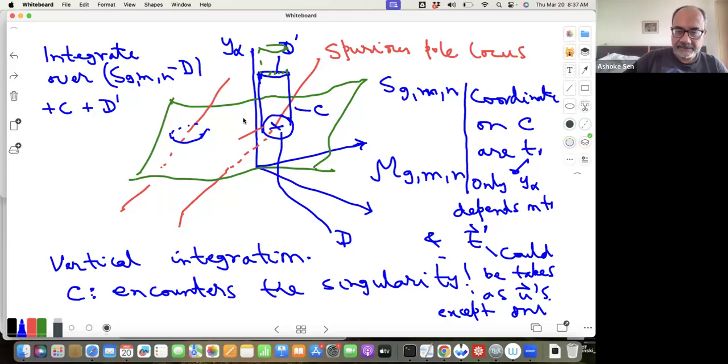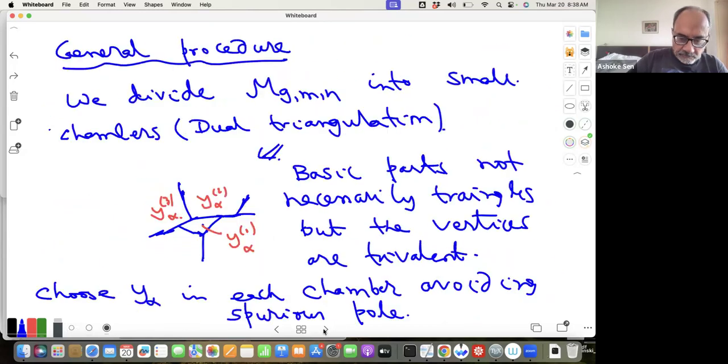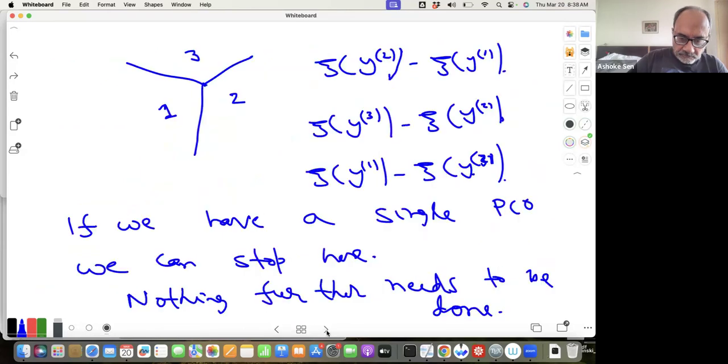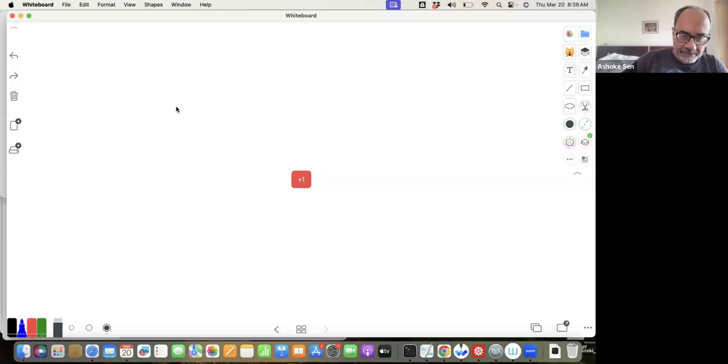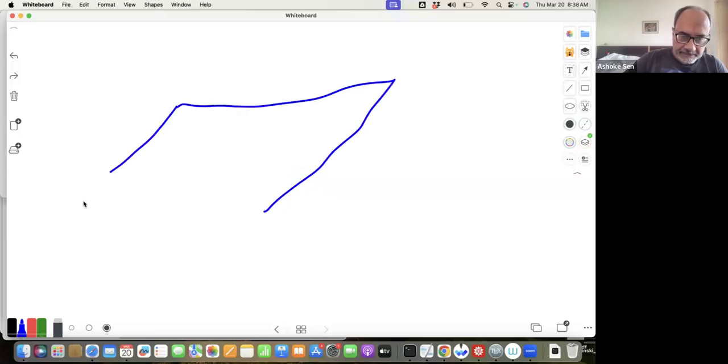Exactly. So what we are saying here is that a general picture will be that you have a surface, this is the section, and there are many places where the spurious singularities may intersect.